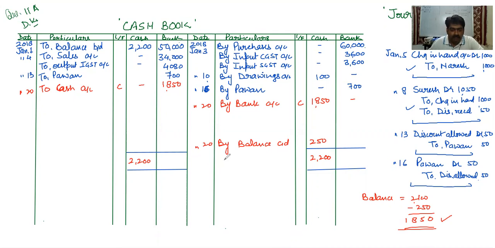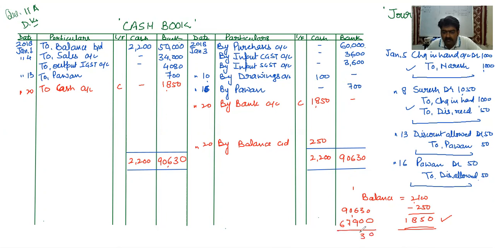Okay, now we will calculate bank balance. Total of debit side is 90,630, and from 90,630 we will deduct credit total. 3 plus 3, 6, 6 plus 1, 7, and 6.